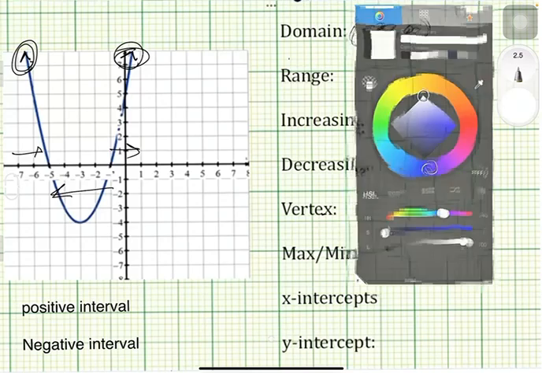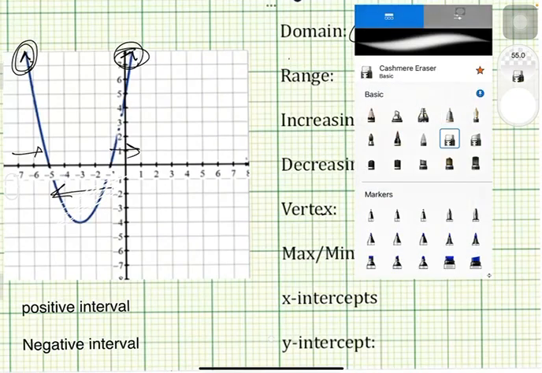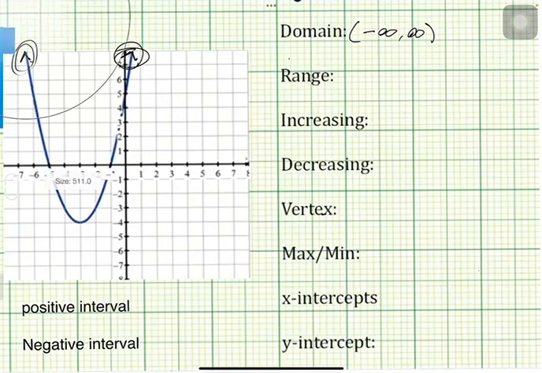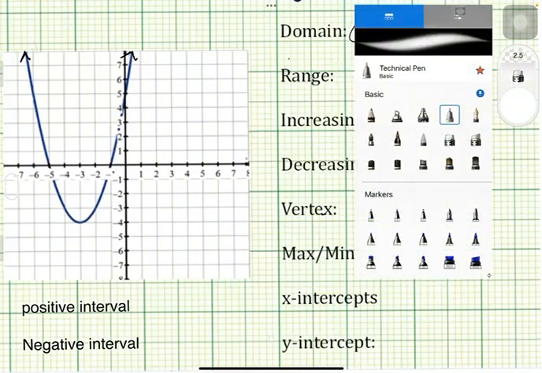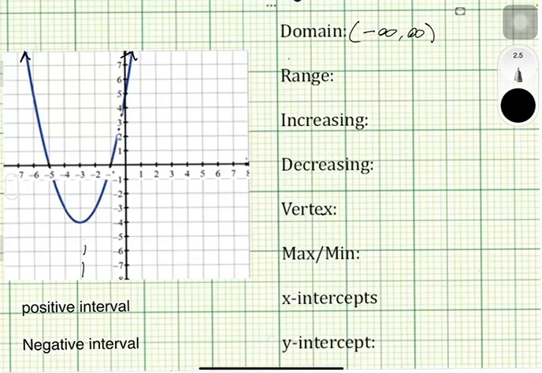Now for the range. To find the range, we need to use the y-axis. First, we set the y-axis, which goes from bottom to top. So we go from bottom to top, and we find this point. This point is also known as the vertex.